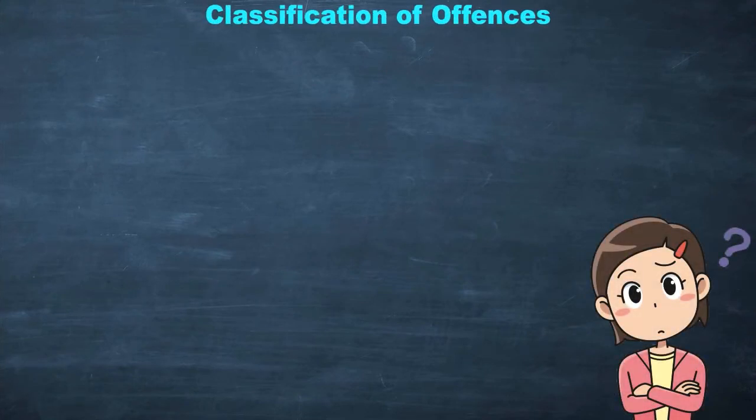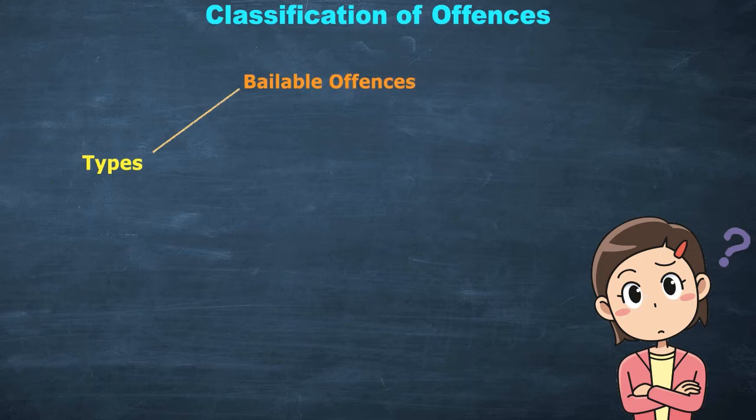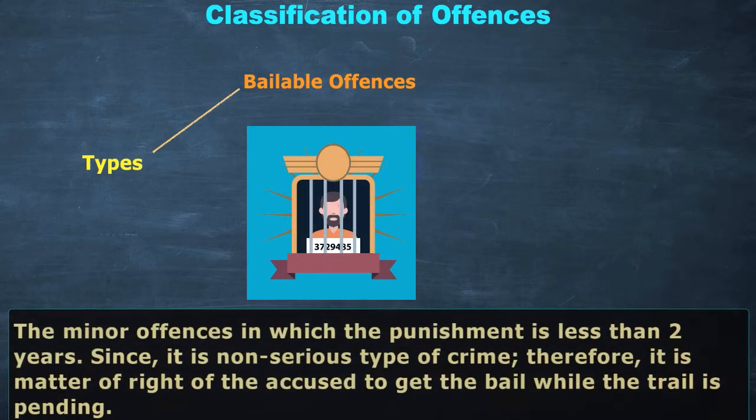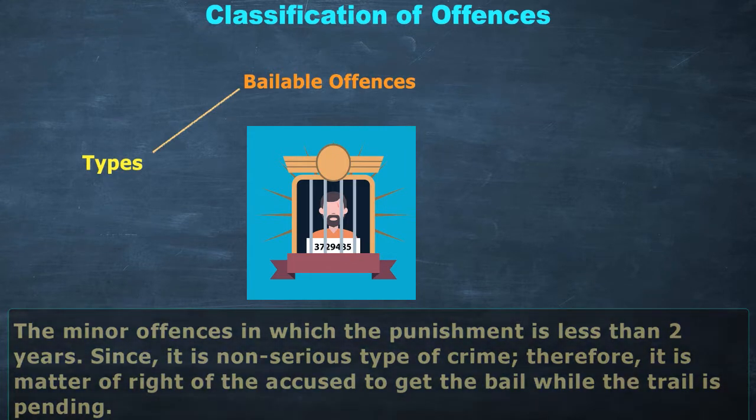Now let's check out the classification of offenses defined under the criminal procedure code. The first one is bailable offense. It is a minor offense in which the punishment is less than 2 years.